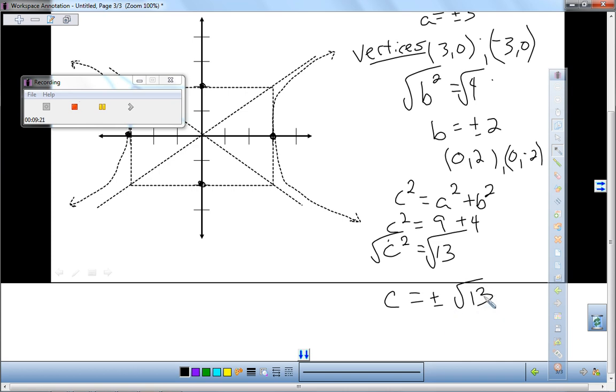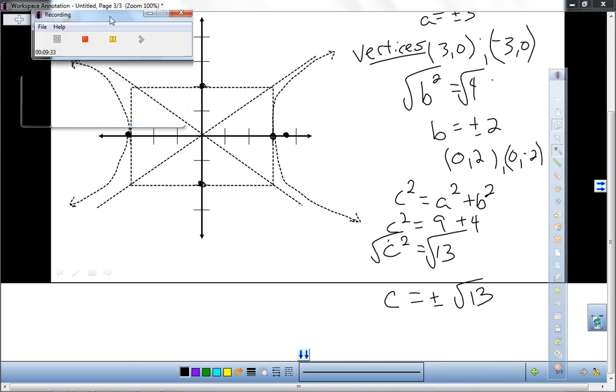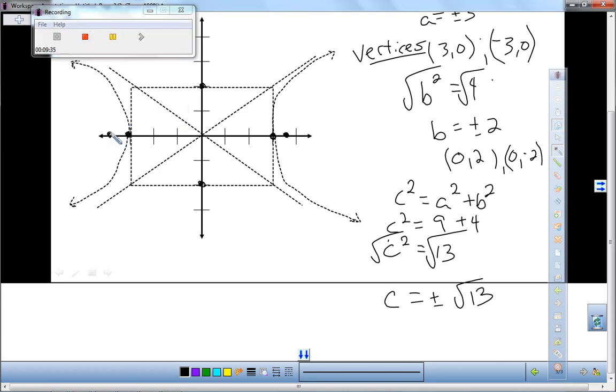Now, this is roughly 3.6. You can take a calculator to it. So we're going to label it here and here, and to come up with our actual ordered pair, just know that it's on the same axis as the vertices. So what we'll have is square root of 13, 0, and negative square root of 13, 0.